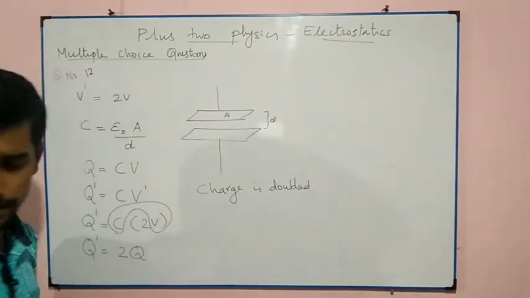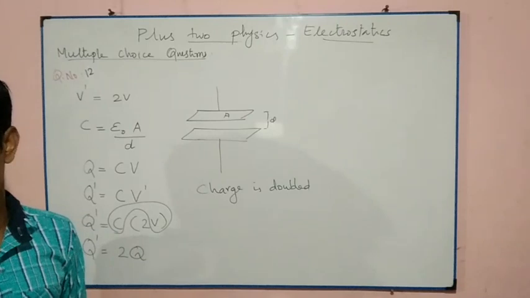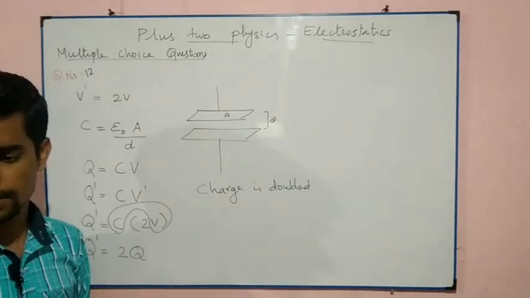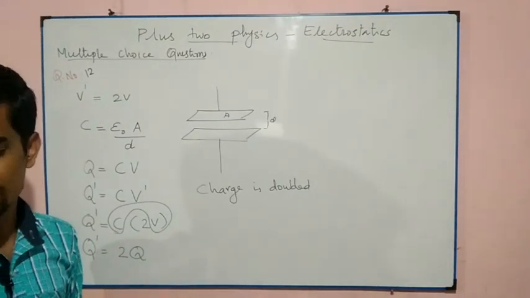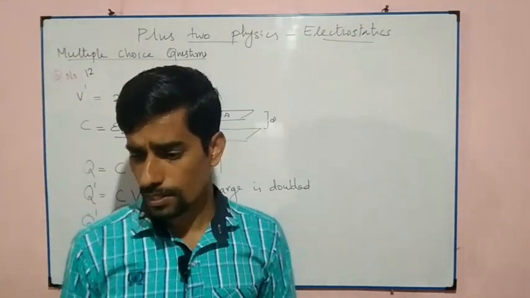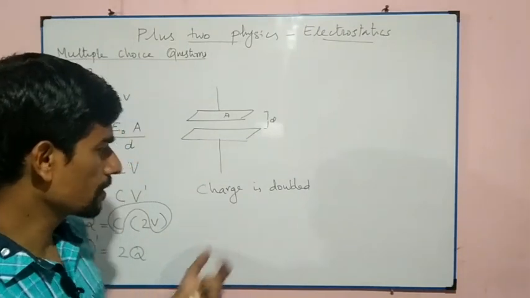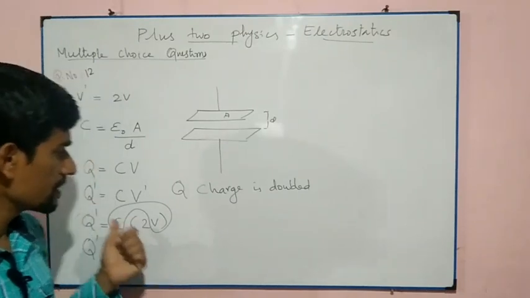Now let us check the given options. First option is Q remains the same, C is doubled. That is a false statement because Q is doubled in this case, but in that option Q remains the same. So it is the wrong option. And the second option is Q is doubled, C doubled. Q is doubled, but C is constant.